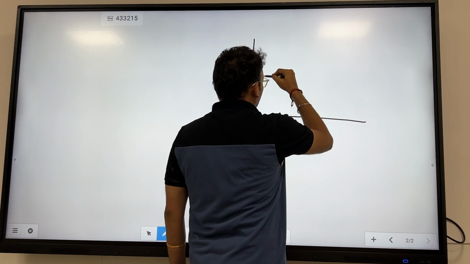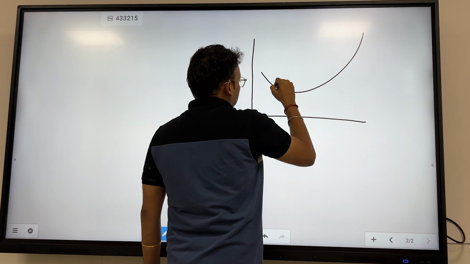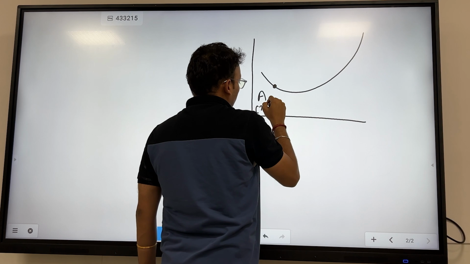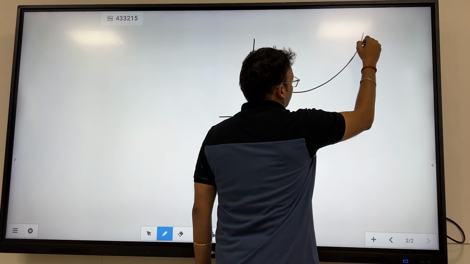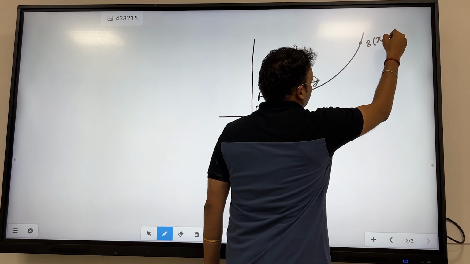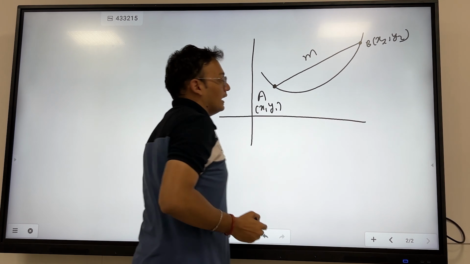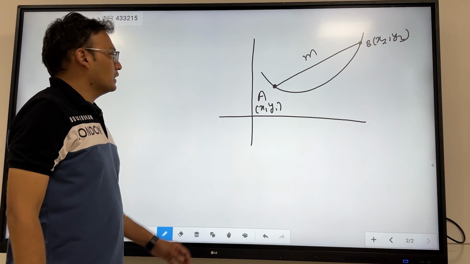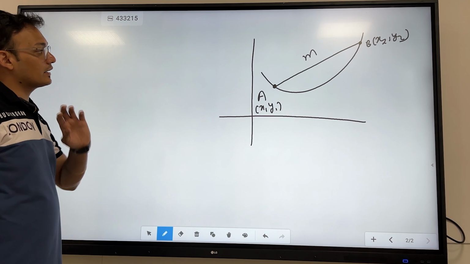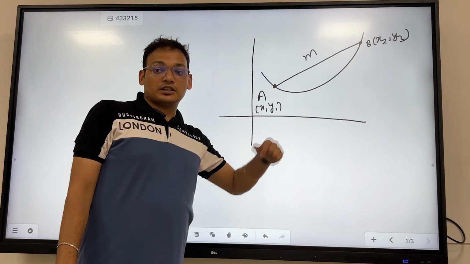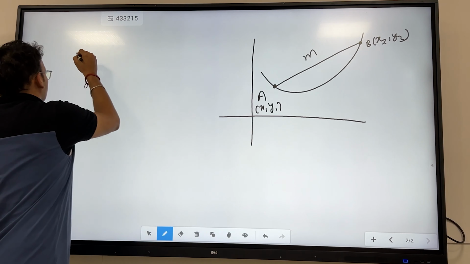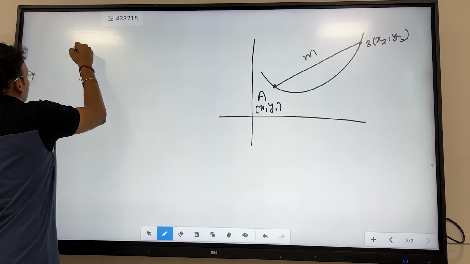Now it looks like this. Let's say this is a point x1, y1 and this is a point B, x2, y2. So this is our slope m. Is it clear to you? Now, this is the average rate of change, but I am talking about a different rate of change.